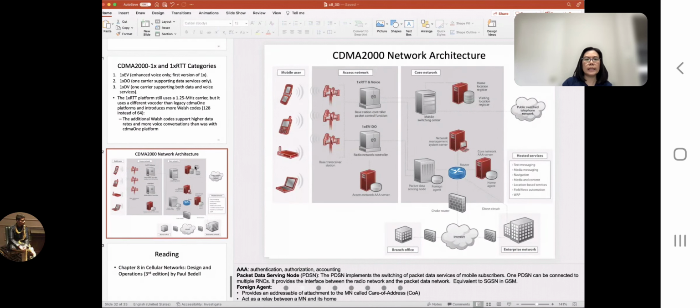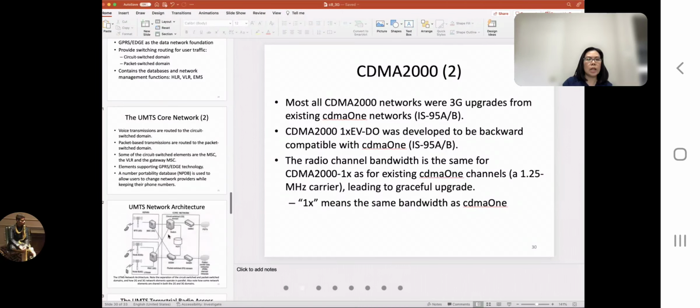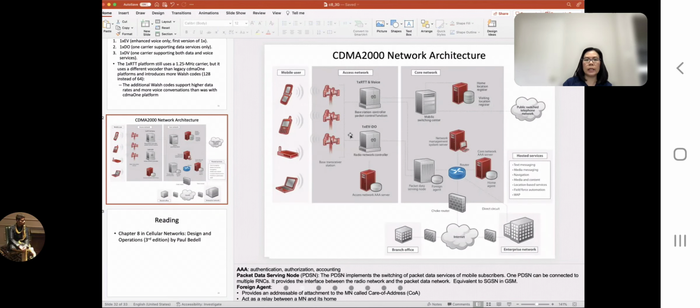So this is the network architecture of CDMA2000. You can see it is based on this architecture, exactly the same as this, but they just change the terminology. This is also a radio network controller, the same thing, but they use different services. It is basically the same architecture, except that they have the foreign agent, home agent, and a specific authentication center called the AAA center.